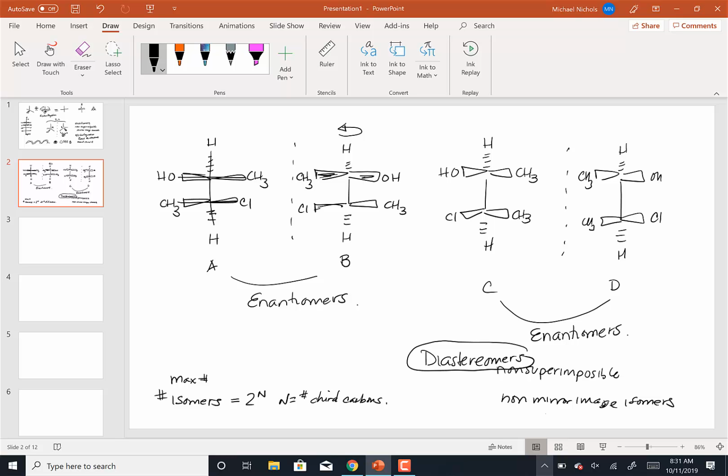And your winter gloves are chiral, just like your hands are chiral. You cannot superimpose your winter gloves. You cannot superimpose your shoes, right? Because there's a left and right shoe. And your feet are chiral. So we'll just deal with the hands. Hands are chiral, winter gloves are chiral.